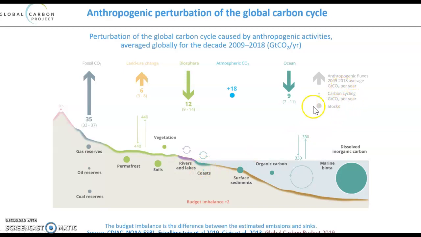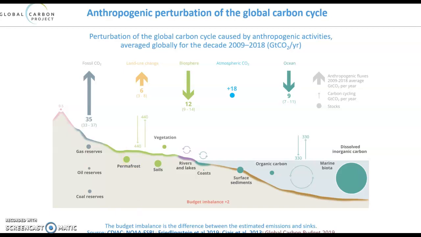The stocks, as I'm looking over on the right here, I think the circle is the amount. There's a lot of carbon in the oceans that's stored, that's inorganic, it's dissolved, versus organic, which would have carbon in it. The surface sediments have some. The soils have quite a lot. We're going to turn to that in the very last unit. And permafrost also has some in the Arctic regions and some high mountain areas.